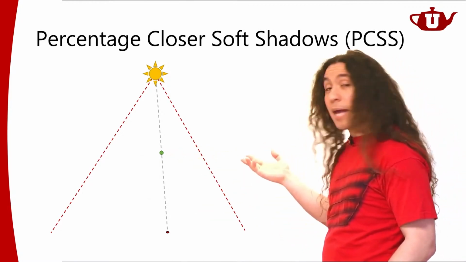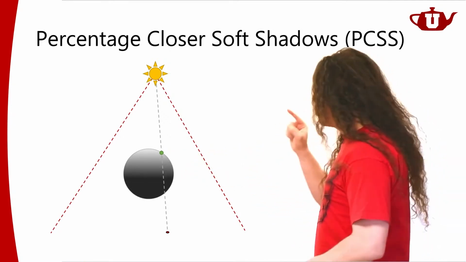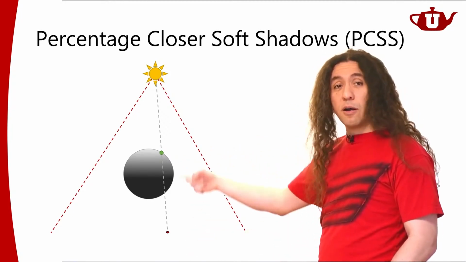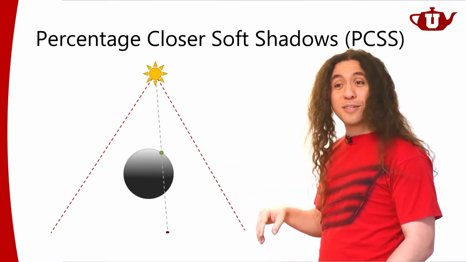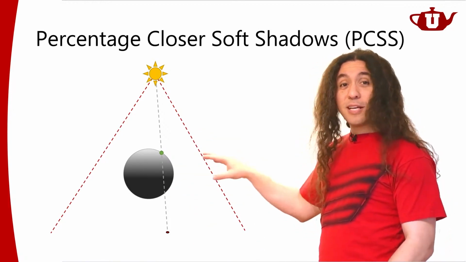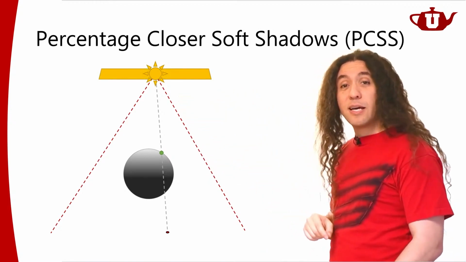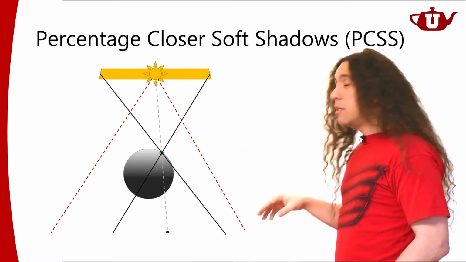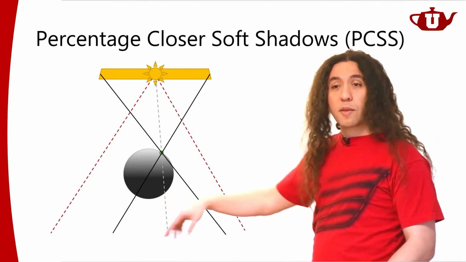That means that I probably have an object here, right? So now I know how far my object is from the point where I'm computing the shadows. If my object is that far, and if my light source size is something like this, I can figure out what kind of filter size I'm supposed to use. All right, so this is the idea.